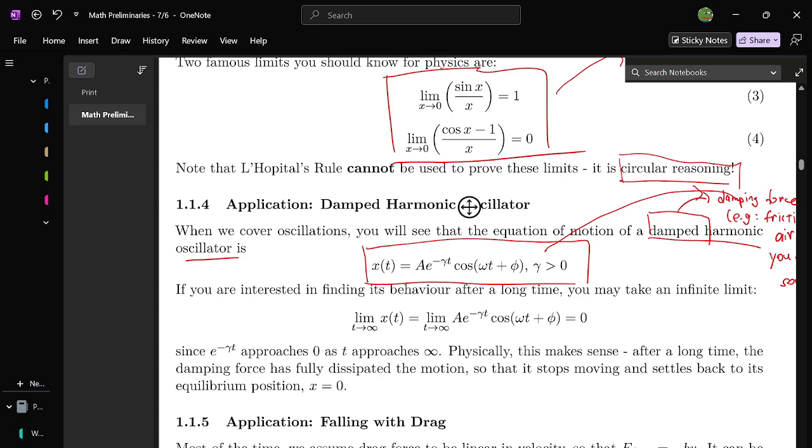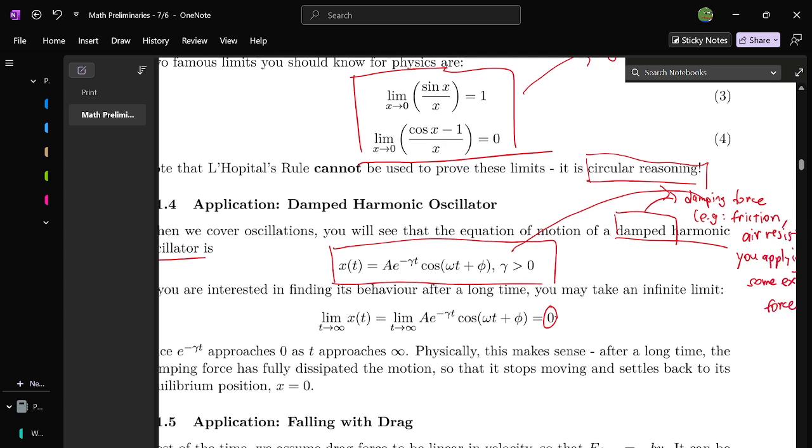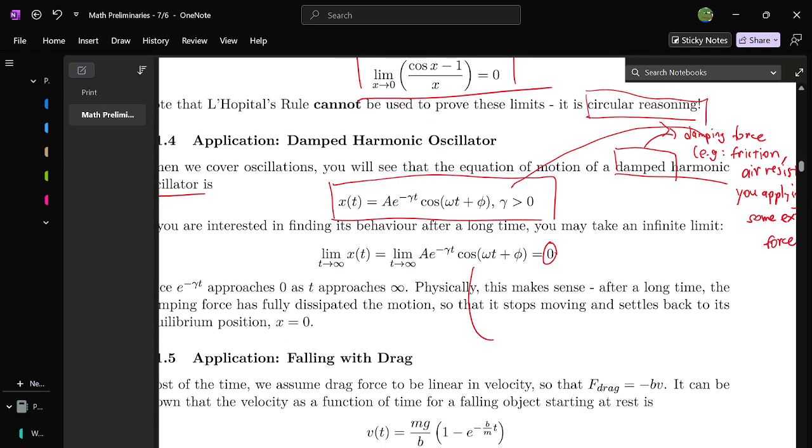Now, after you do that, you realize that this actually goes to 0. How do you see this? Let's work out this limit. I can rewrite it like that because e to the power negative that is just 1 over e to the power that.